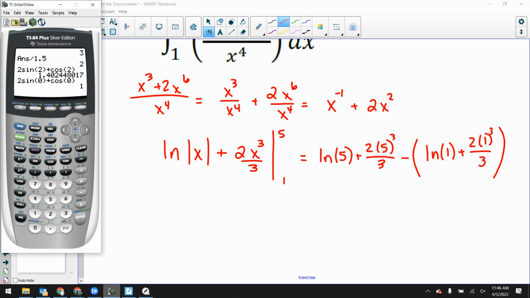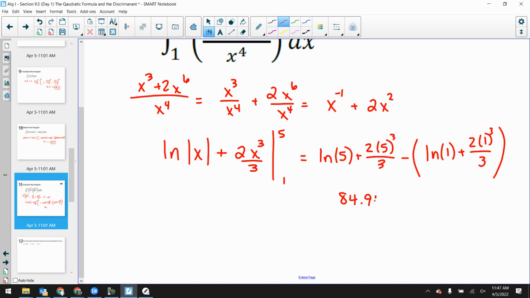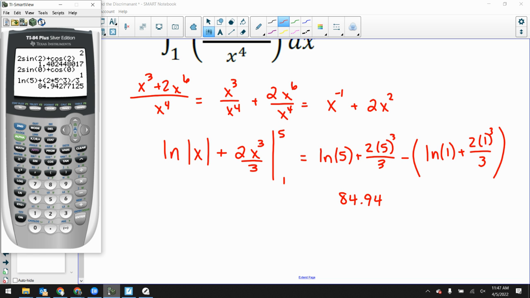Okay, let's evaluate. I've got ln of 5 plus, I'll put this in parentheses, 2 times 5 to the 3rd divided by 3. 84.94. And then I do the whole right chunk. ln of 1 plus, okay, this is the numerator, 2 times 1 to the 3rd, but that's just really 2.